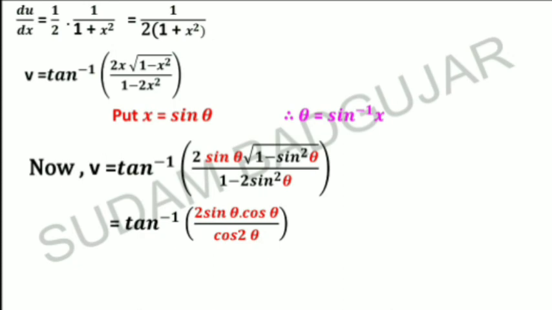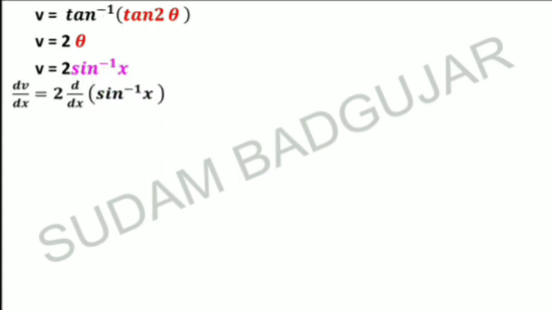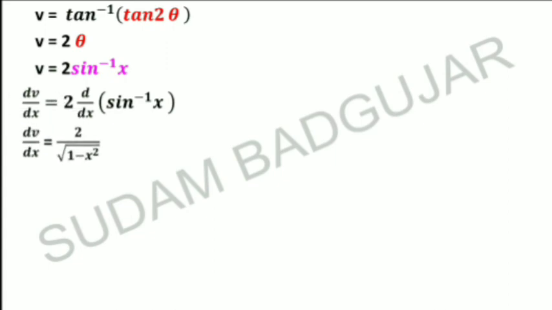Now 2 sin theta cos theta is sin 2 theta, so sin 2 theta upon cos 2 theta. So v is equal to tan inverse of tan 2 theta, so v is equal to 2 theta. Resubstitute theta here, that is v is equal to 2 sin inverse x. Then dv by dx is equal to 2 upon under root of 1 minus x square.